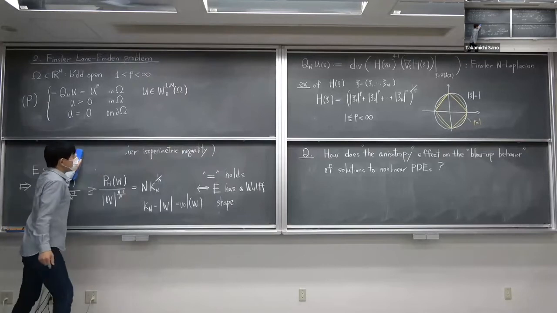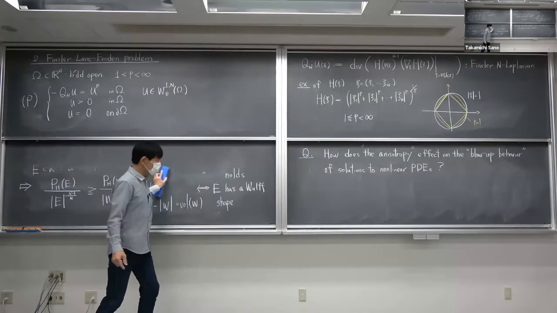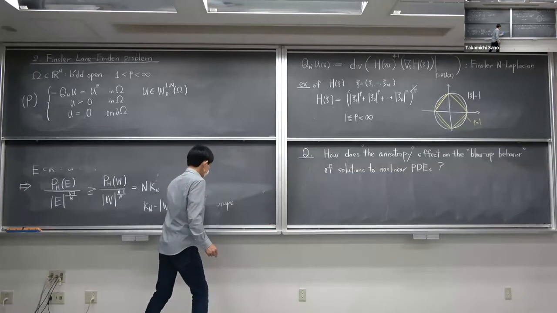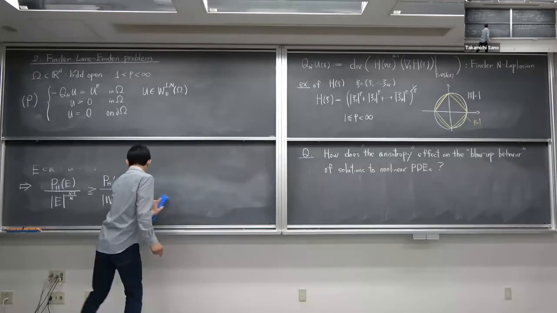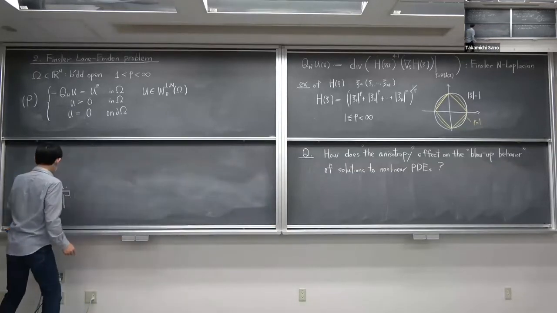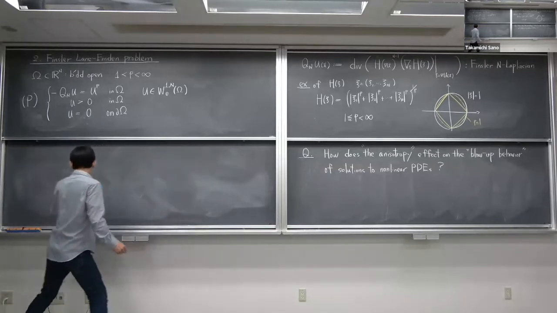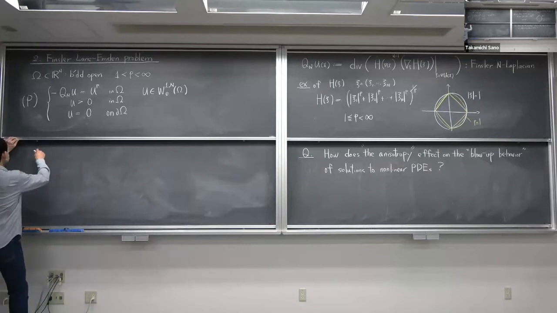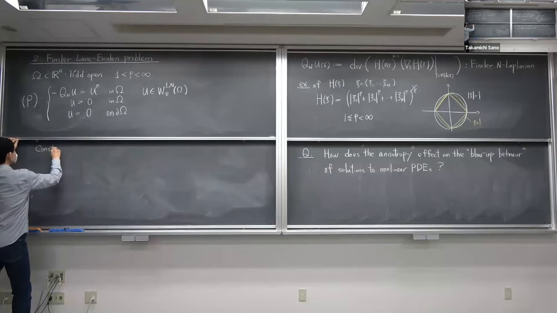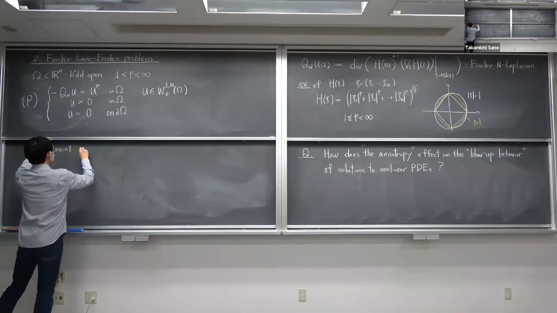Concerning the existence of at least one solution, it is not so difficult because of the Sobolev compact embedding, which means that we can consider the constrained variational problem, a minimization problem.